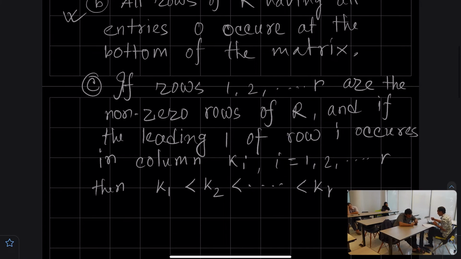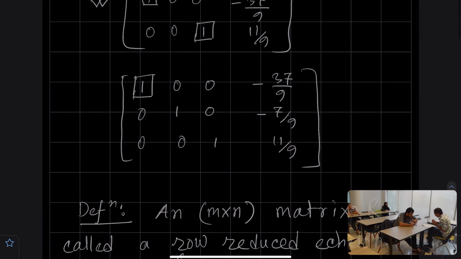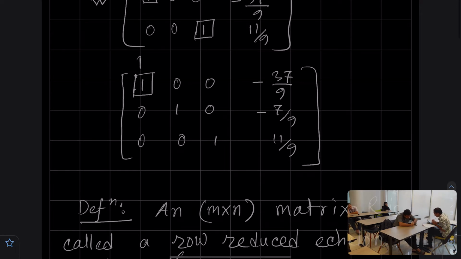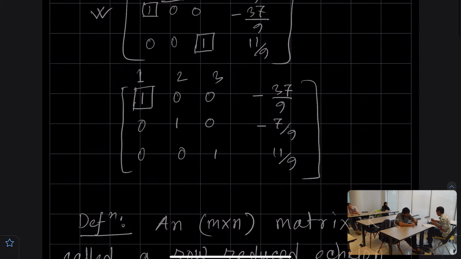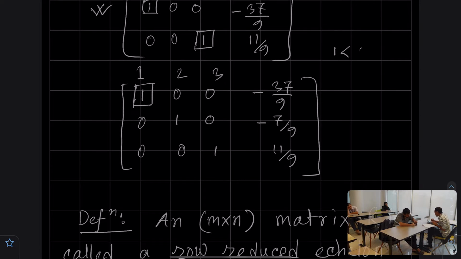If rows 1 to r are the non-zero rows of the row reduced matrix R, and if the leading one of row i occurs in column k_i, then k_1 is less than k_2 is less than up to k_r. So this is column 1, this is column 2, and this is column 3. As you can see, 1 is less than 2 is less than 3.